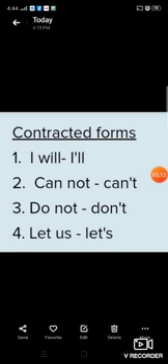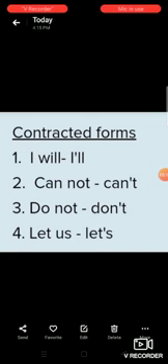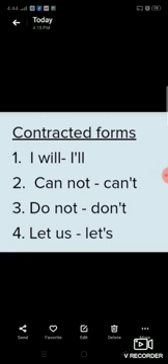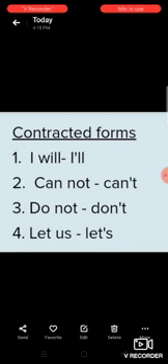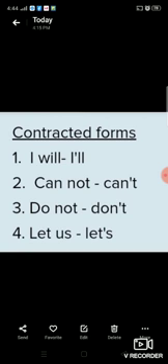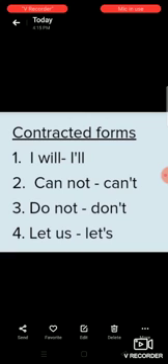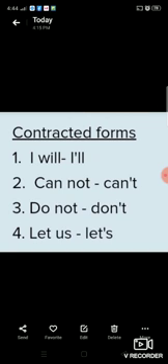Now let's study some contracted forms. First one, I will. The word I will can be written as I apostrophe double L. It can be read as I'll. Second one, cannot.